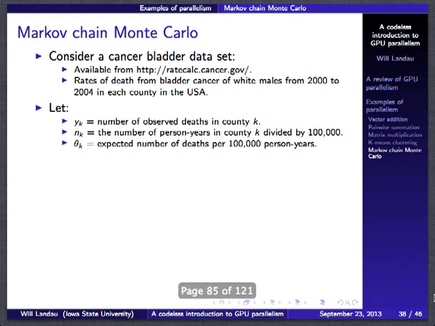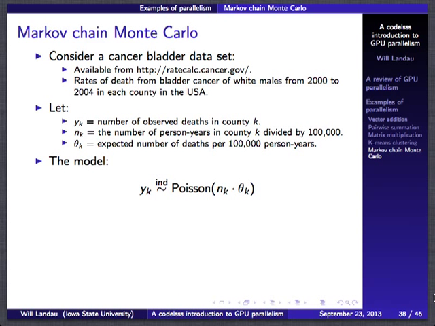And so with that in mind, we can model our data. Now to be clear, the goal here is to get some estimates of the expected number of deaths for each county. So the goal is to take our data, our y sub k's and n sub k's, and ask, how frequently do white males die of bladder cancer in each of these counties?